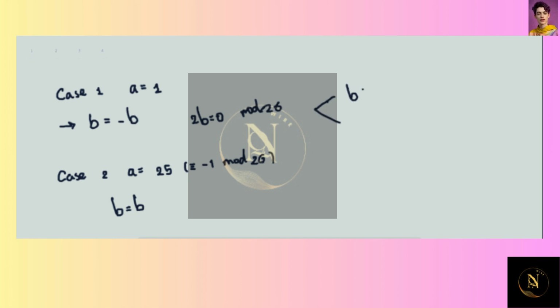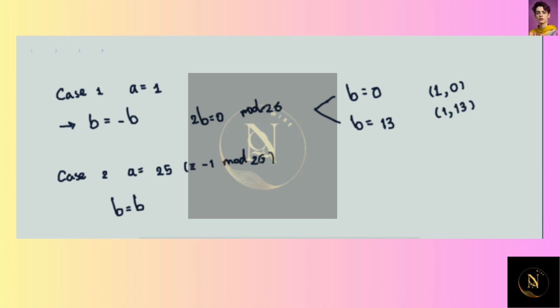So b can either be 0 itself or half of 26, which is 13. And so in the first case we have two pairs, 1 0 and 1 13.